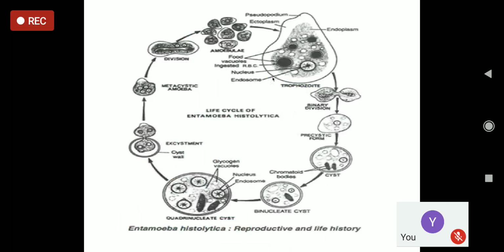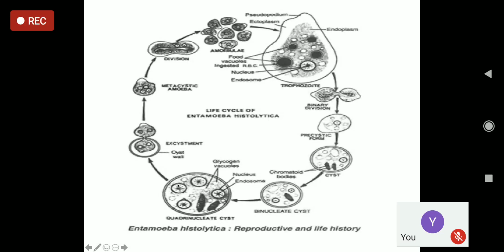So now what happens in the small intestine? Okay, in the small intestine, this quadrinucleated cyst starts to have excystation. Here, what happens? The digestive enzymes that are present in the small intestine, for example, trypsin, act on the cyst wall, and the internal content of these cysts retracts further.